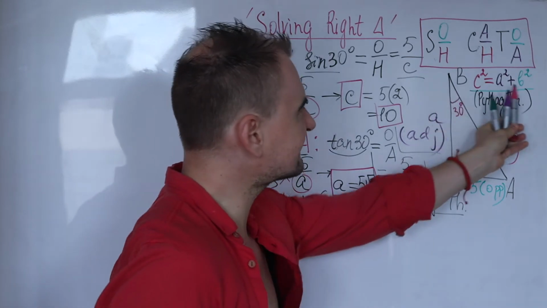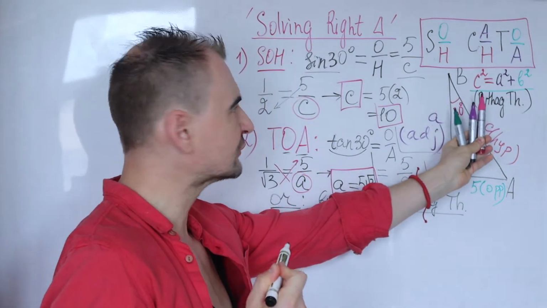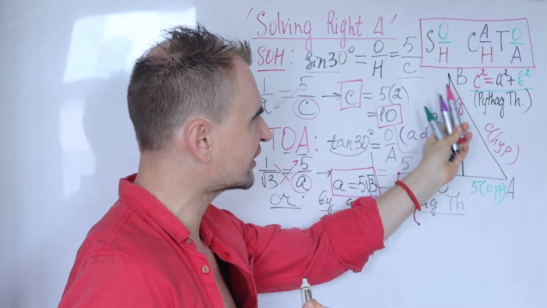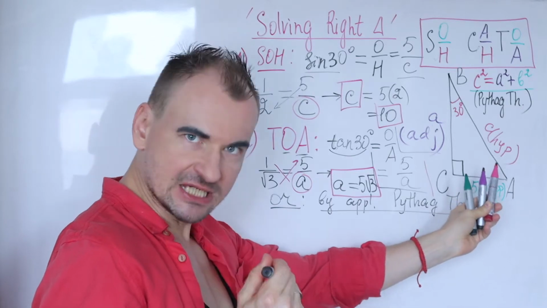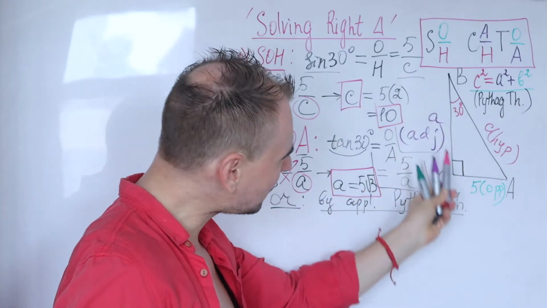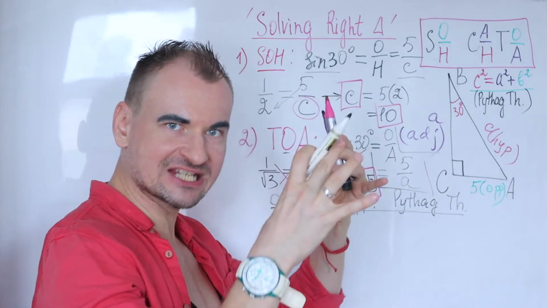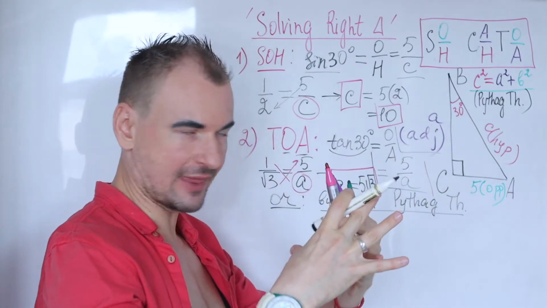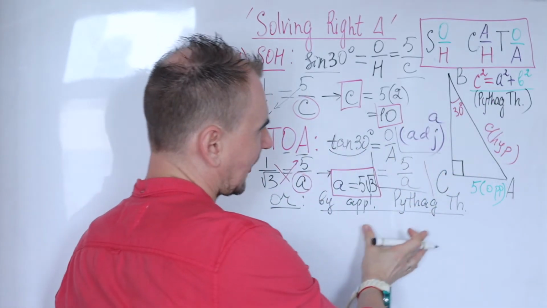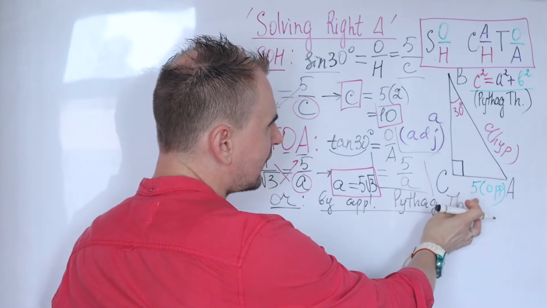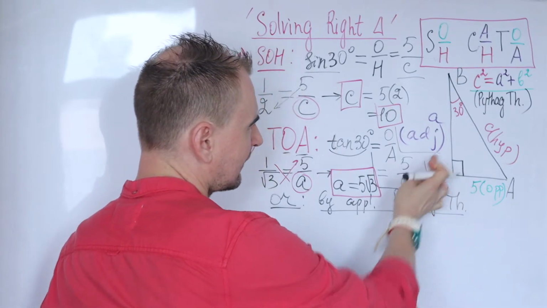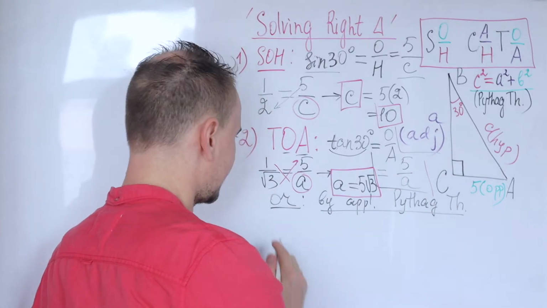So this is the relationship between the hypotenuse and two legs, and all it says is that the square of the hypotenuse equals the squares of two legs added together. Now we're going to find the A, the adjacent side.